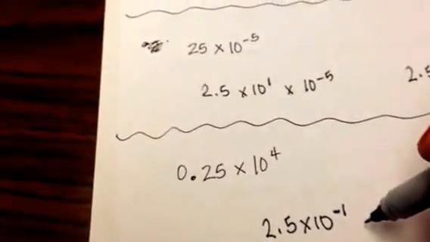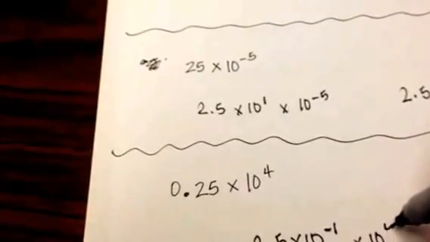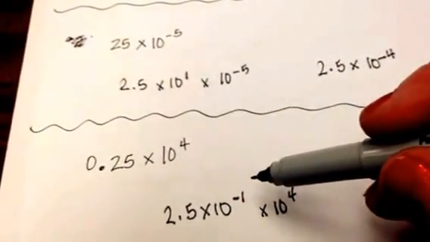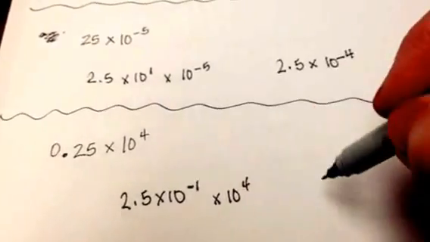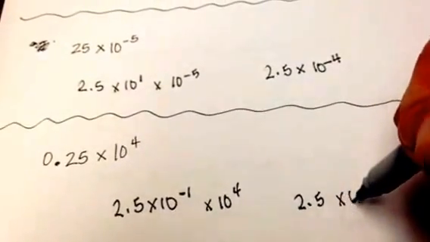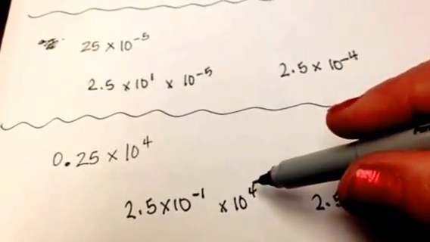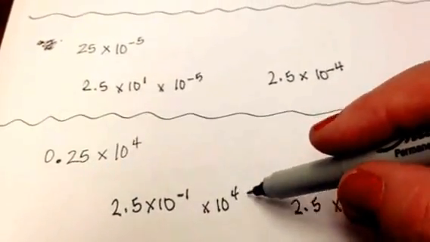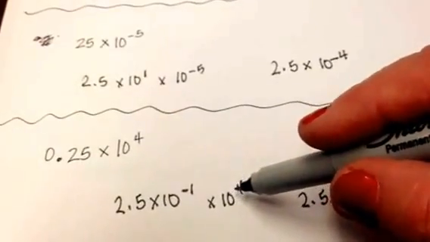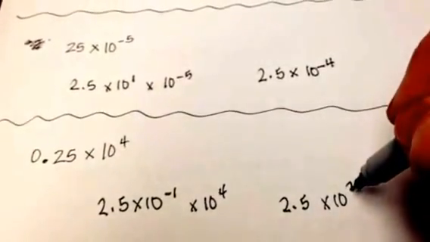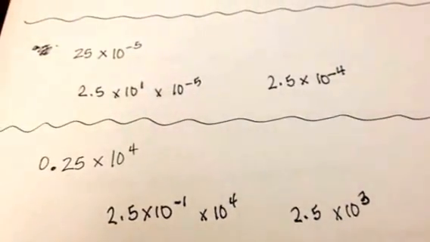And then think, we're still saying times 10 to the fourth. Now I'm going to take my larger number, subtract that smaller number since it's a negative, and I'm going to get 2.5 times 10 to the what? Well, what's 4 minus 1? 3. Does 4 have a positive or negative sign? Well, it doesn't have any sign. So it's positive, so it'd be 2.5 times 10 to the third. Okay?